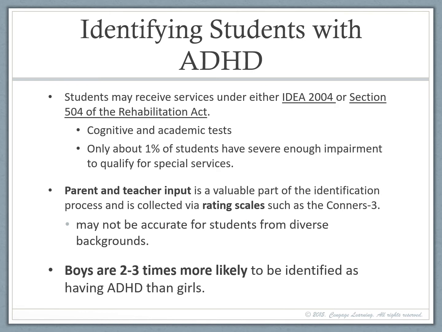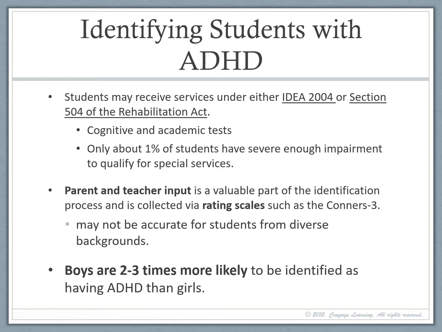So identifying students with ADHD, students may receive services under IDEA 2004 or Section 504 of the Rehabilitation Act. And so that might happen through the process of carrying out cognitive and academic tests.